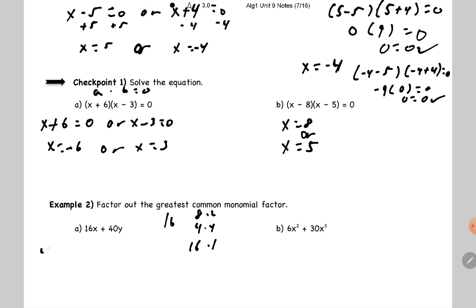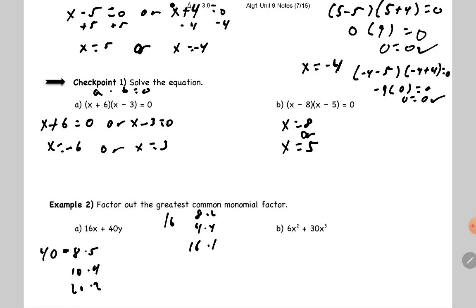If we look at 40, 40 could be 8 and 5, 10 and 4, 20 and 2, and 40 and 1.